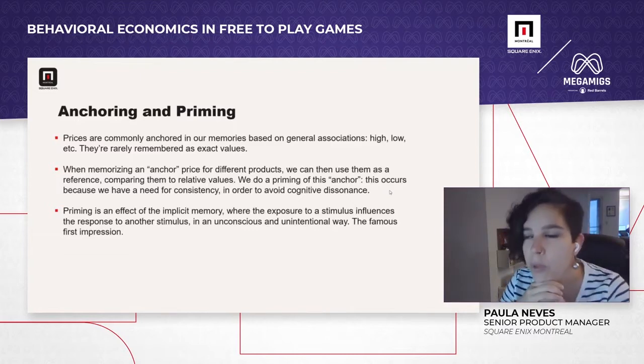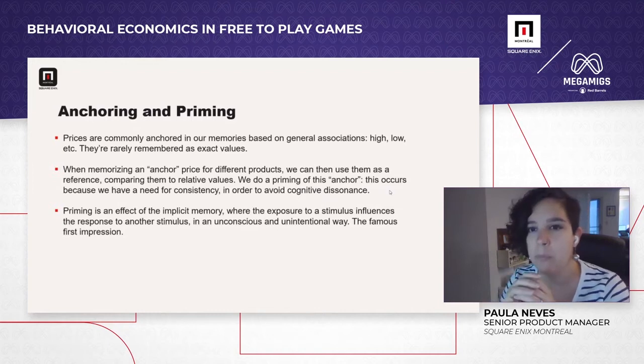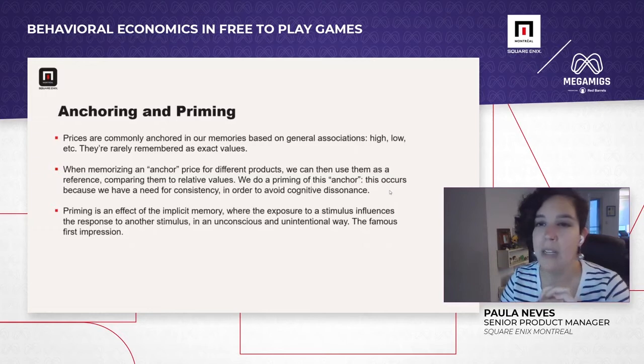You won't memorize the exact price down to the cents, right? When memorizing an anchor price for different products, we can use this as a reference, comparing them to relative values. So knowing if it is expensive or not, right? We do a priming of this anchor.